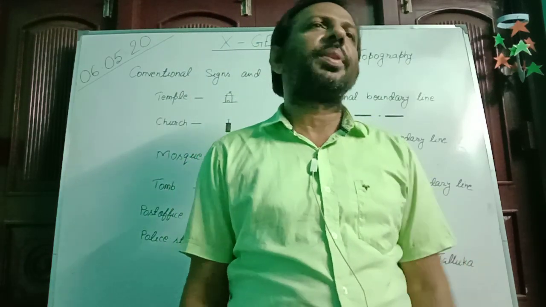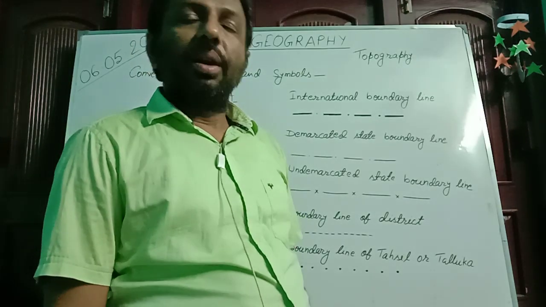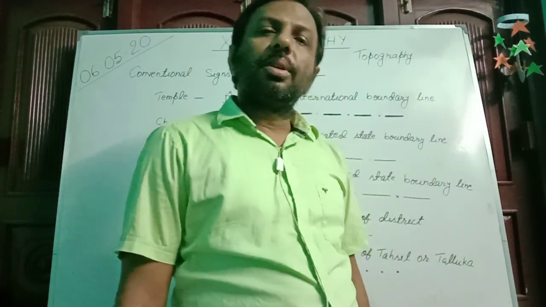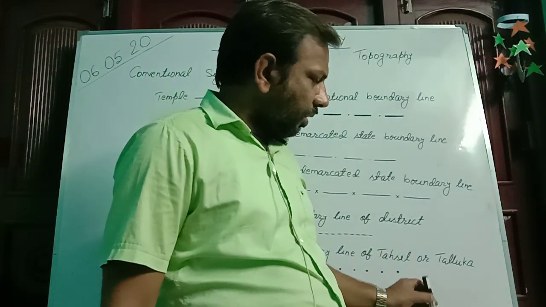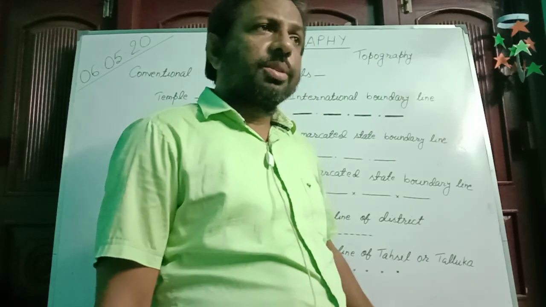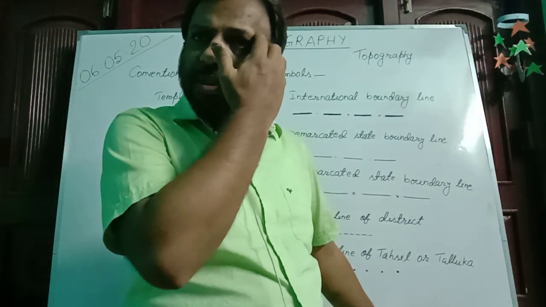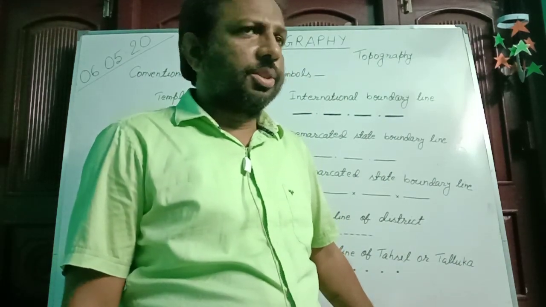So the total becomes 10 marks. The second chapter is Indian soil, that will also consist of 10 marks. The third chapter is water resources, that will also consist of 10 marks. The fourth is natural vegetation, that will also consist of 10 marks.